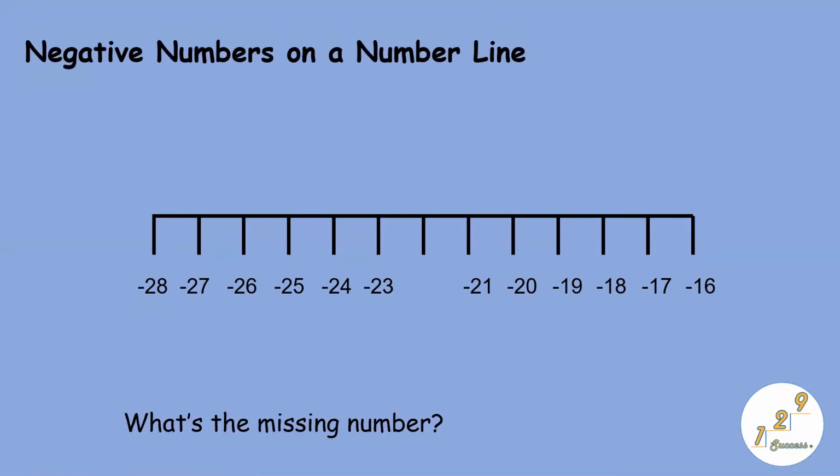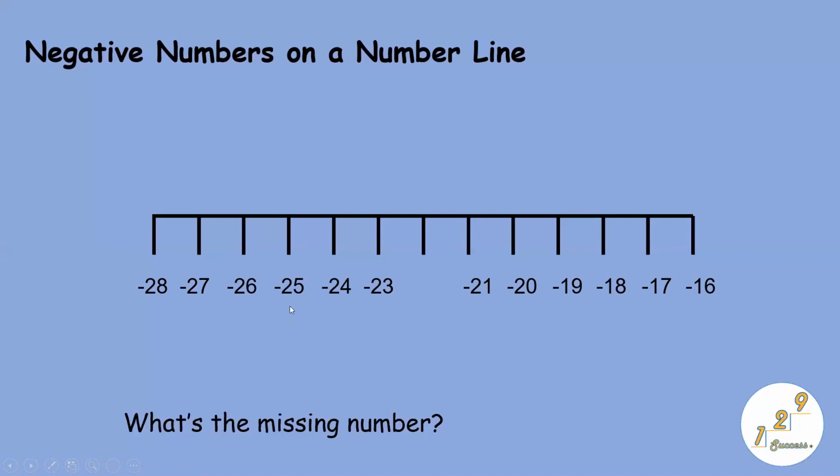Okay, so the first thing that we need to do is work out the scale. Now, to work out the scale, we have to work out the difference in bars. So let's take -26 and work out what it does to get to the next bar. Well, we know that as we're moving to the right on our number line, our numbers are getting bigger.